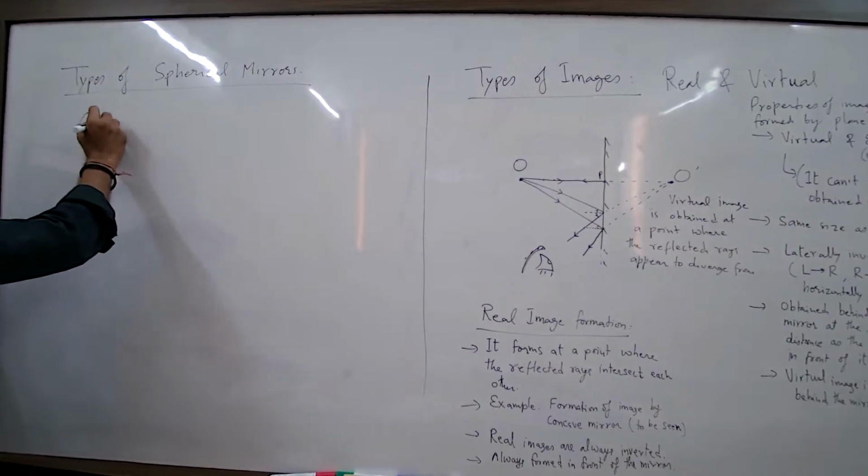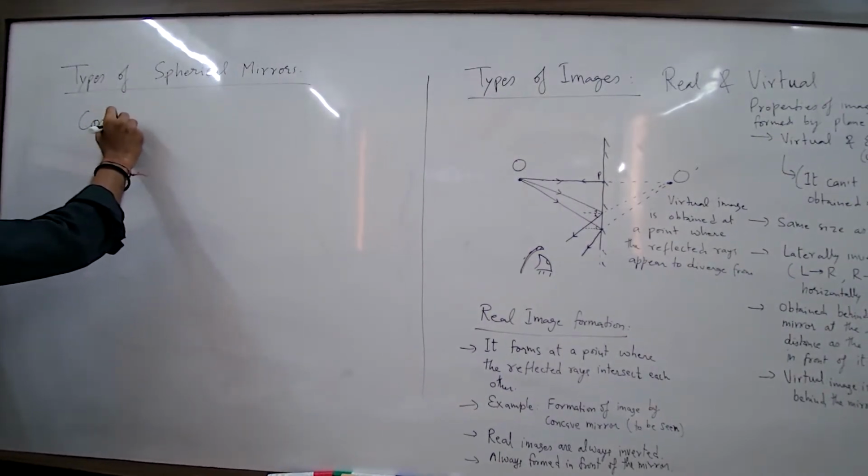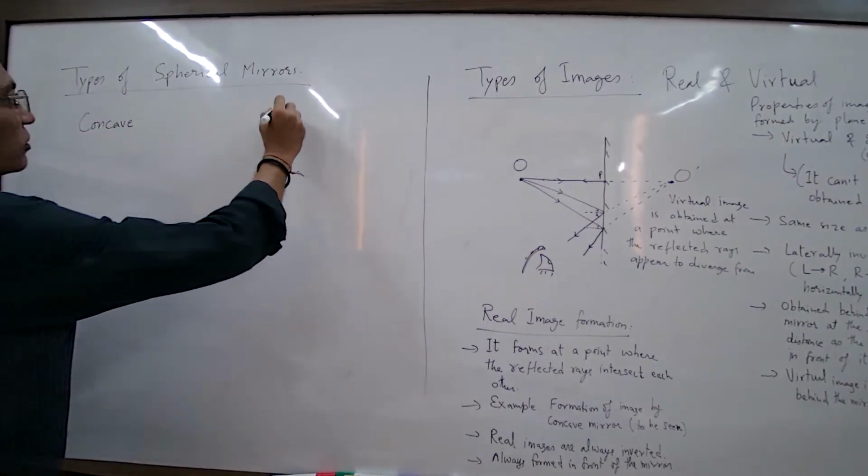First we have concave, and we have convex.